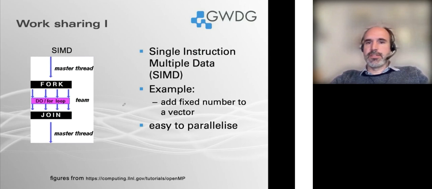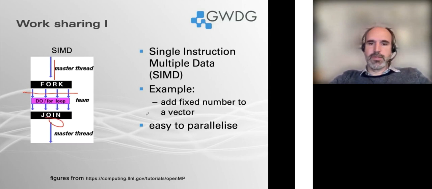The first one is the classical single instruction, multiple data, SIMD. I think you have seen that before. Here in the picture it's depicted that the master thread comes in, then you fork into a team of threads, then you do some work, and then you join back with the barrier here to synchronize back to the master thread.